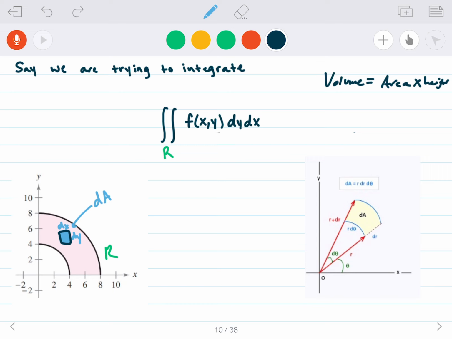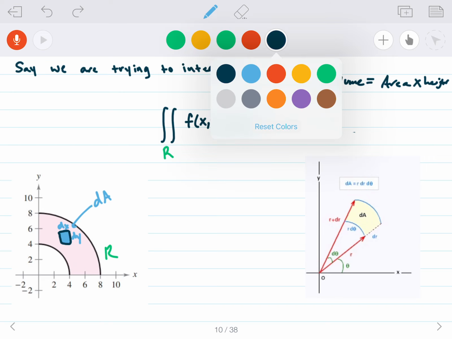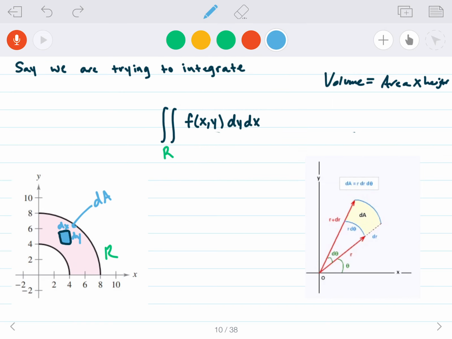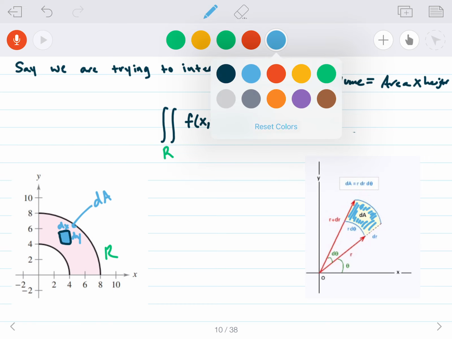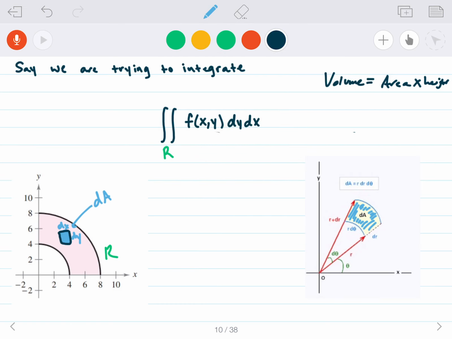Now, let's go ahead and look at this little rectangle right here zoomed in, in polar coordinates. So this rectangle, this dA, is actually the same one I have in light blue off to the side. In polar coordinates, we can describe this rectangle just as well with r's and thetas.